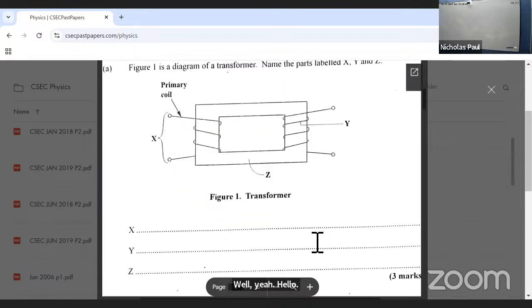So just label X, Y, and Z. Just write the year and write X, Y, Z. June 28th.